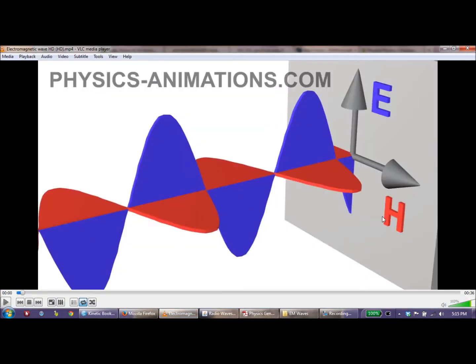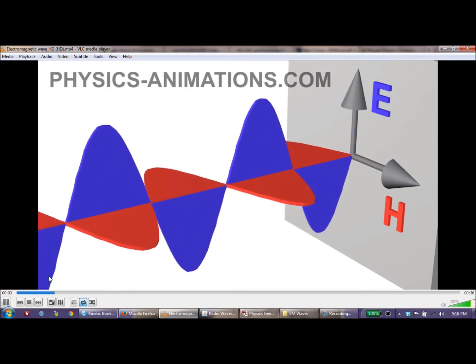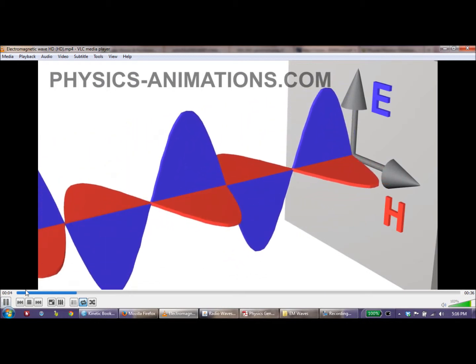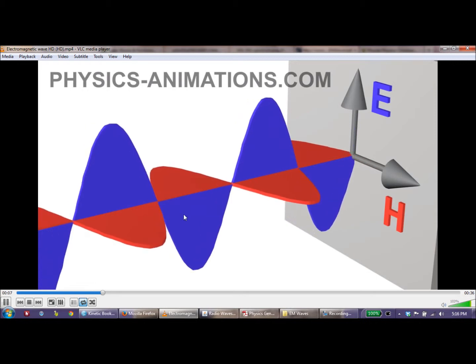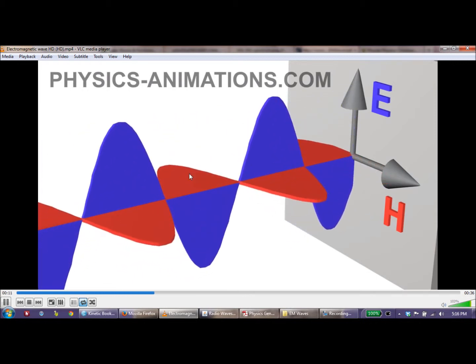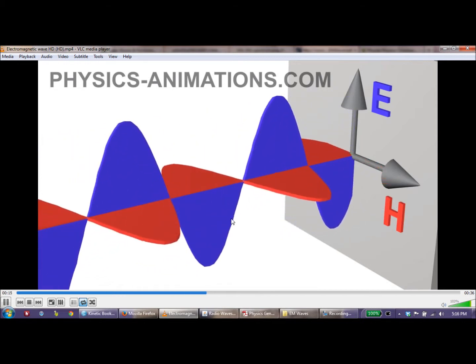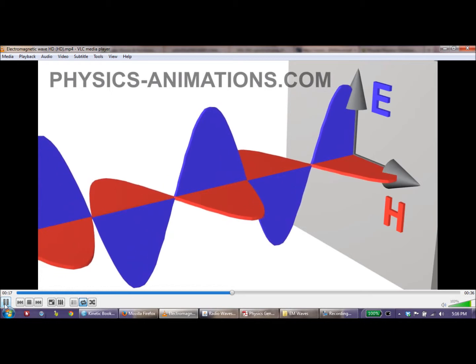We could look at this as it comes down here. Now they have the magnetic field, the B field, labeled as H, and that has to do with just how it's done in different countries. But it's normally called the B field. As this wave moves, the two waves, the electric wave, which is E in blue, and the magnetic wave, which is B, or in this case H, in red, are always perpendicular to each other.